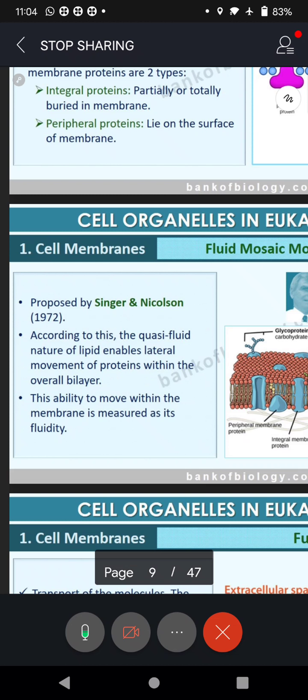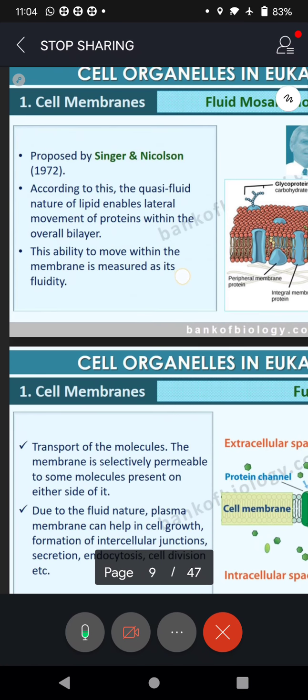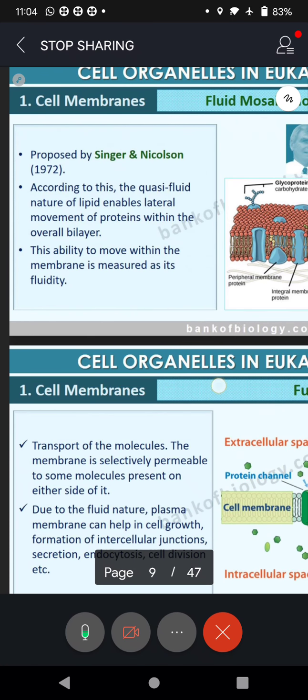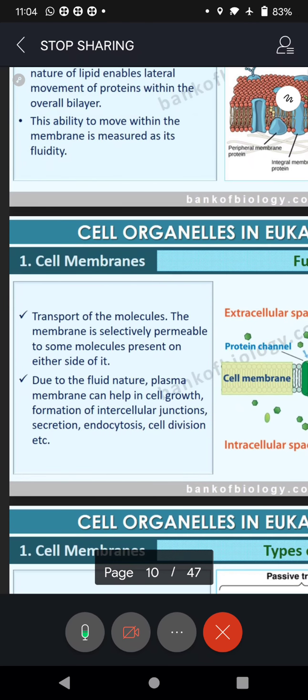Now, according to this, quasi-fluid means semi-fluid nature of lipid enables lateral movement of proteins within the overall bilayer. So proteins will be moving. This ability to move within the membrane is measured as its fluidity. That's why the name fluid. And what are the functions? What is the use of the cell membrane?